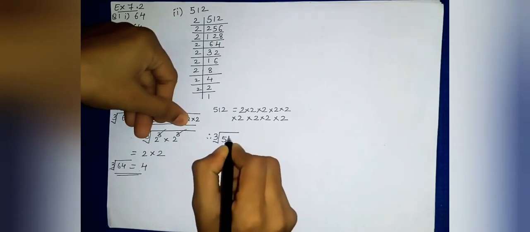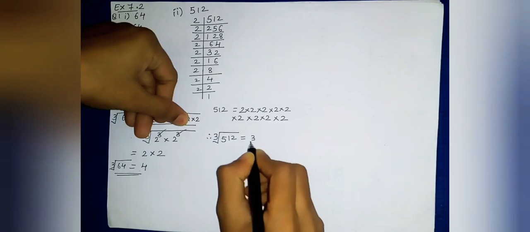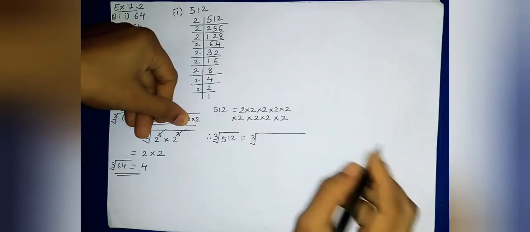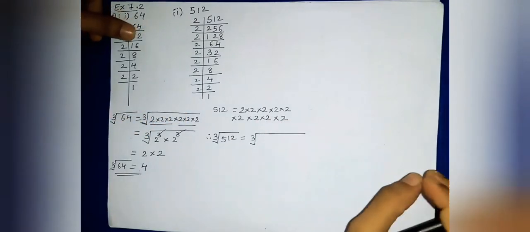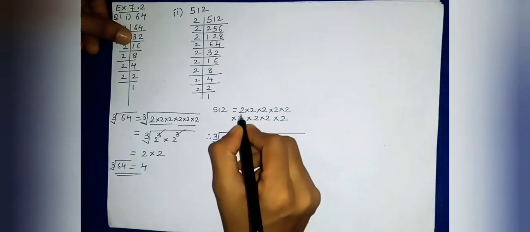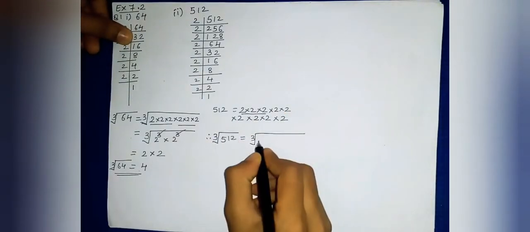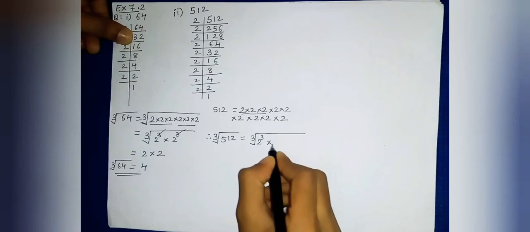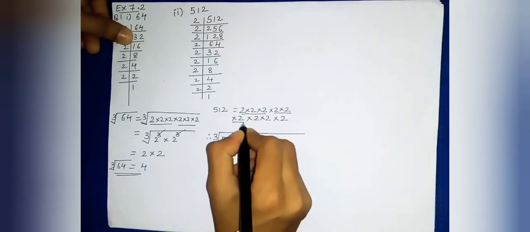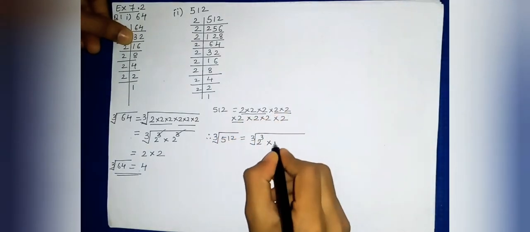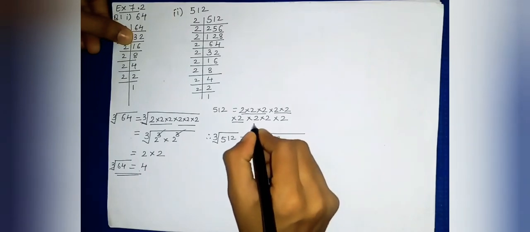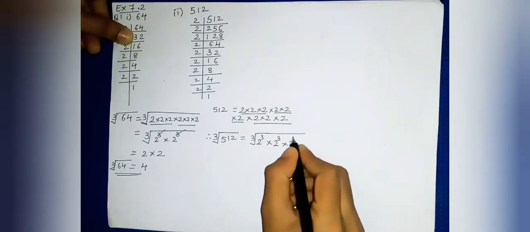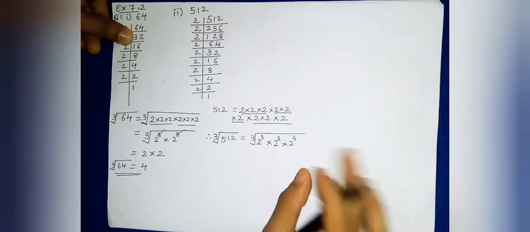Cube root of 512, and on this side cube root of, now we have to make pairs of 3. So this is 2 3 times. Now again this 1, 2 and 3, again 3 times, so 2 3 times. Now again this is 3 times, so 3 groups are possible.